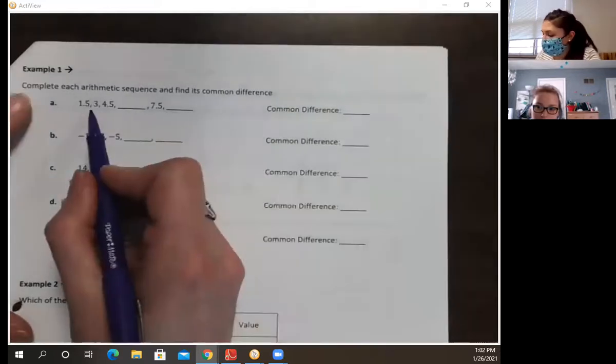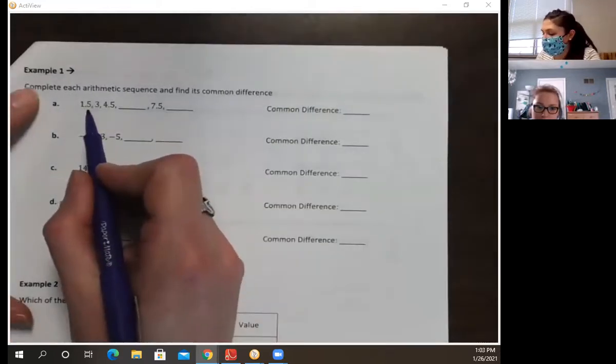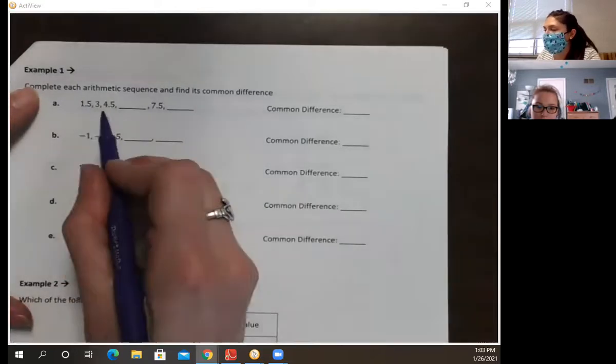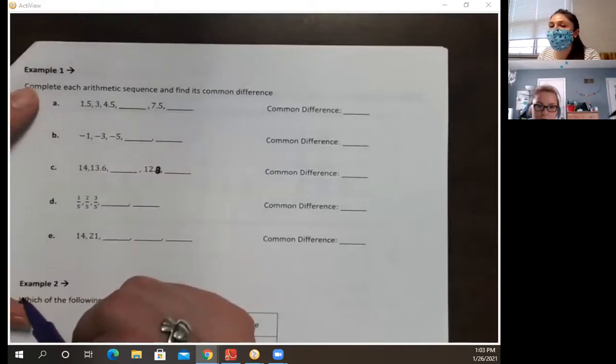So as I look at A, I see I start with 1.5, and then I've got 3, and then I've got 4.5. What's our common difference here? How am I changing these each time?